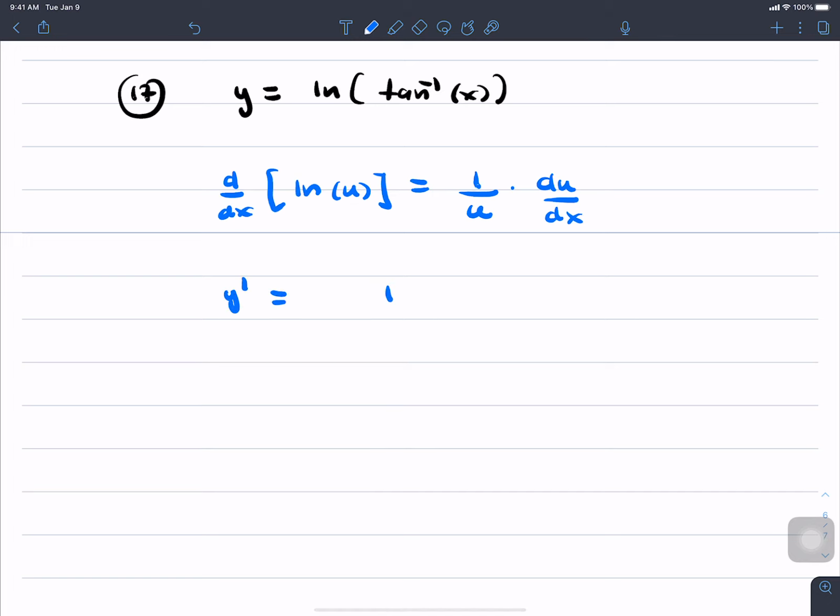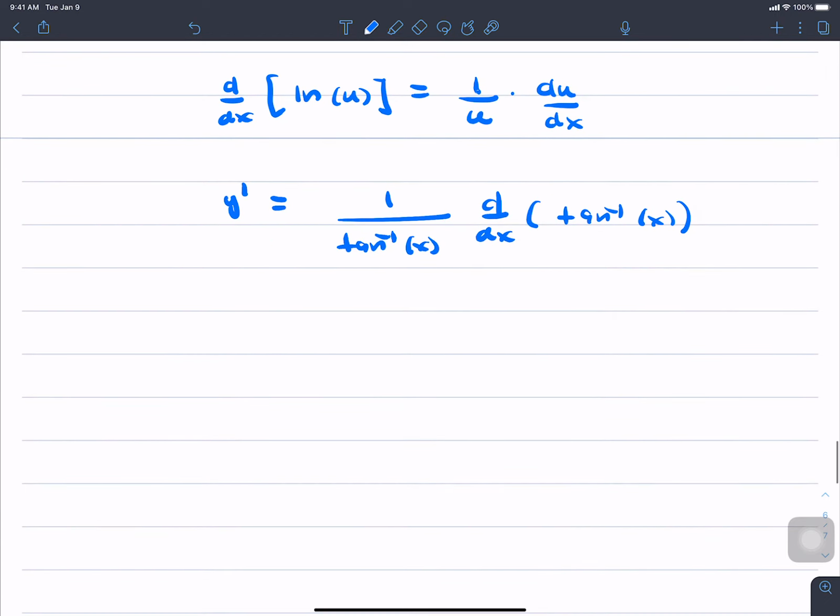Y prime is 1 over that inverse tangent of x. Now you can differentiate inverse tangent. So the derivative of inverse tangent is 1 over 1 plus x squared.